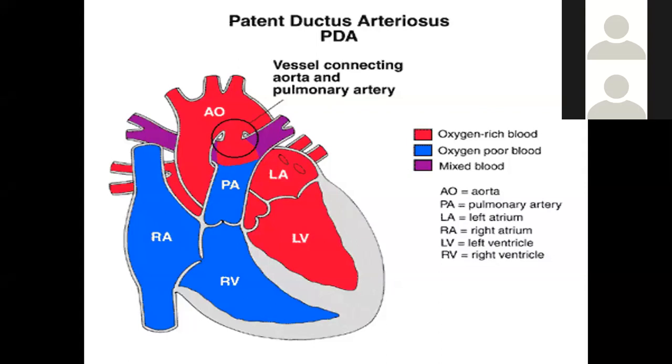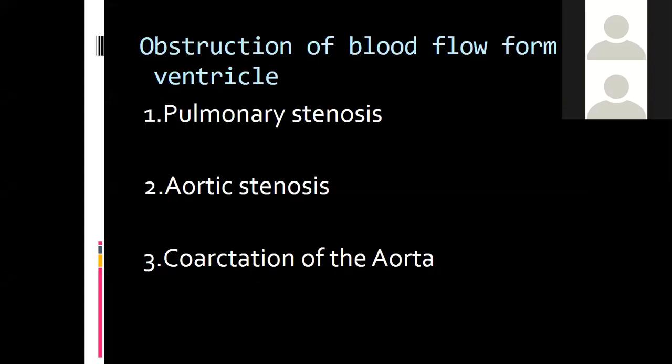So this is also a gross picture of the patent ductus arteriosus. Okay. Now we are also discussing obstruction of the blood flow. Obstruction of the blood flow from the ventricle: number one, pulmonary stenosis, then aortic stenosis and coarctation of aorta.